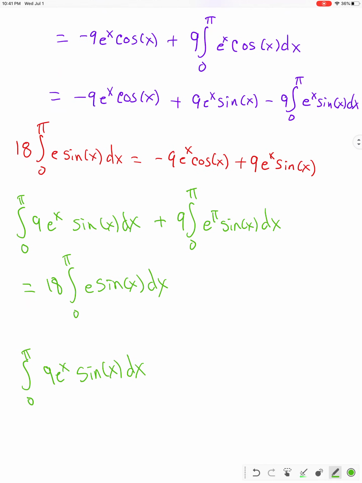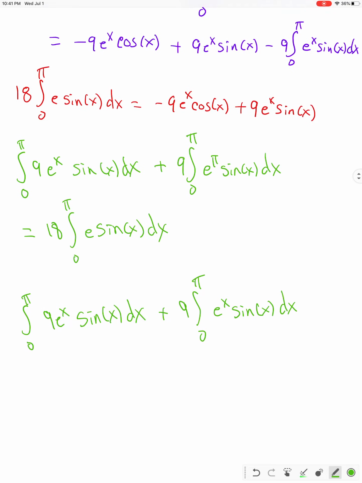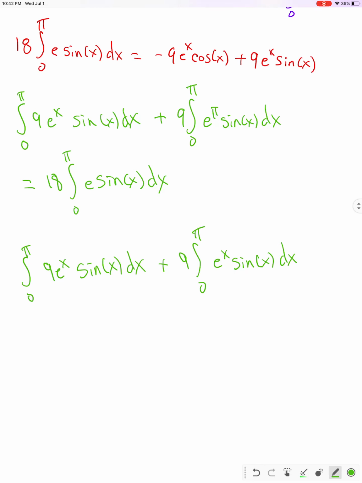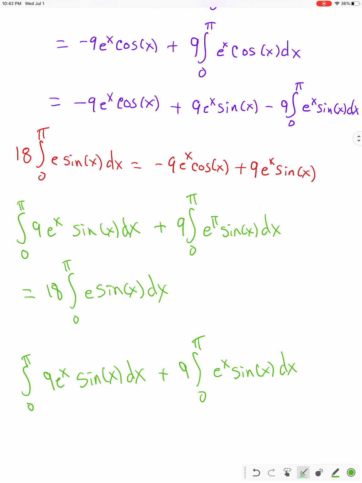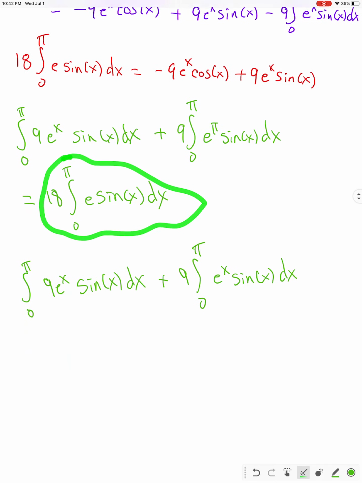And then I'm going to add this term that you added over here, just like we did a second ago. So plus 9 integral from 0 to pi e to the x sine of x dx. And the context that we need is we need that to look like this. By the way, what you have here we can fix, and we'll fix that in a second.